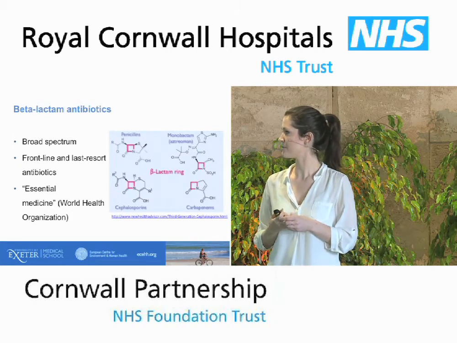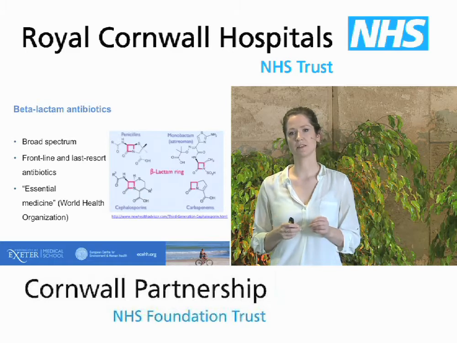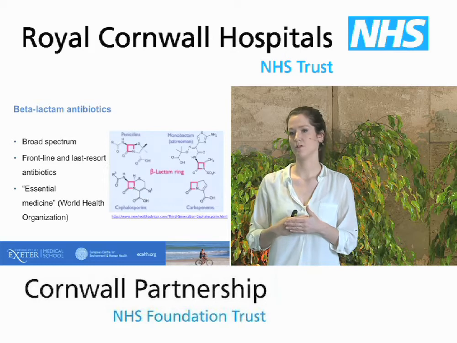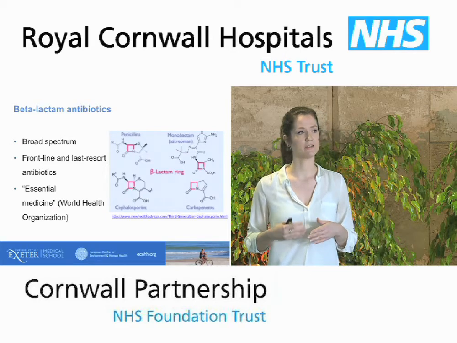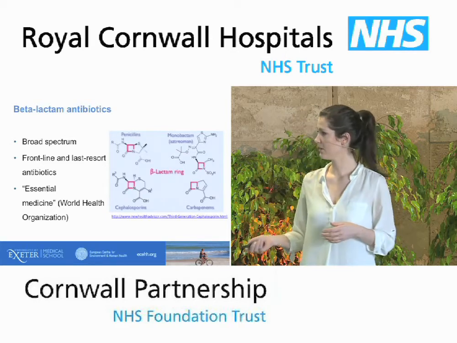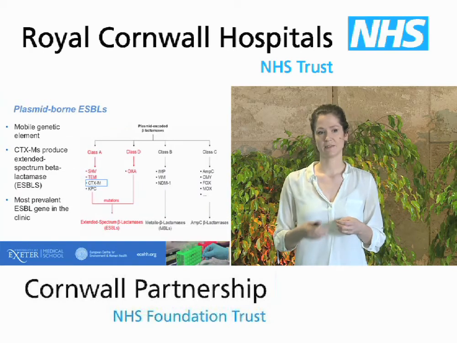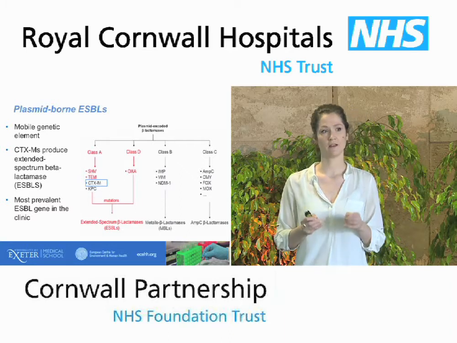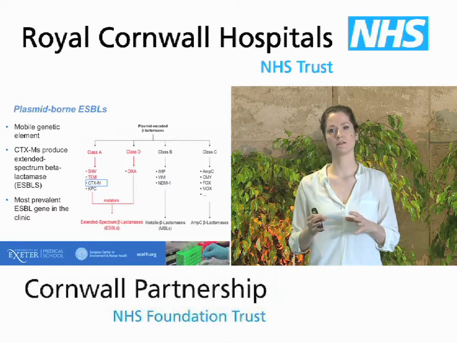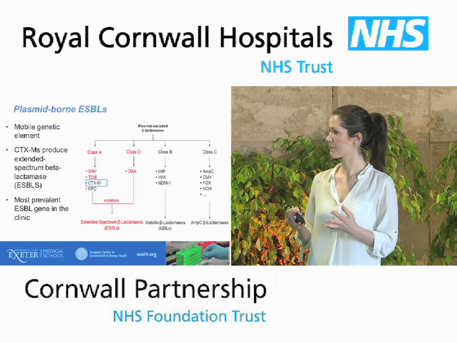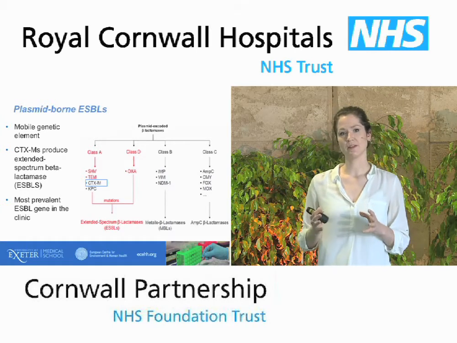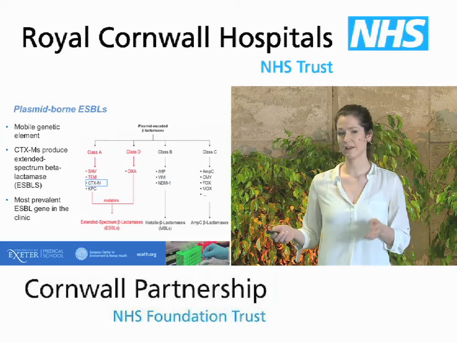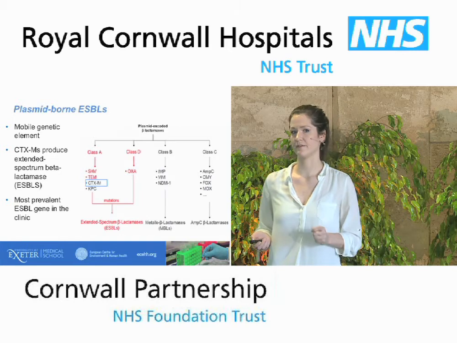In fact, cephalosporins certainly are classed as essential medicines because they are the only treatment or one of a few alternatives to treat serious human infections. And as Matt did mention in his talk earlier as well, CTX-Ms are a particular group of these ESBLs. They're usually plasmid-borne, so they're on these genetic elements that can be spread between bacteria. And they're the most prevalent ESBL gene observed in the clinic.